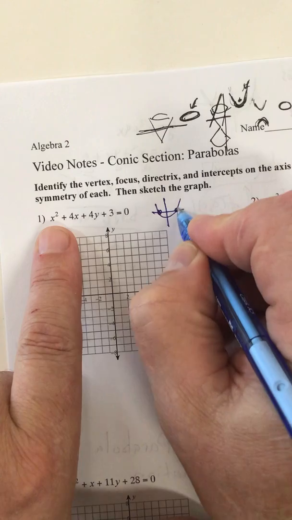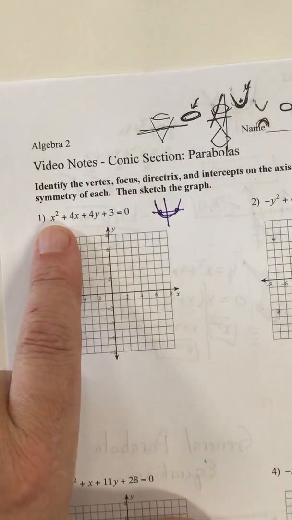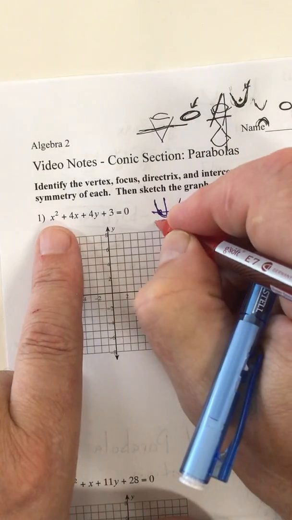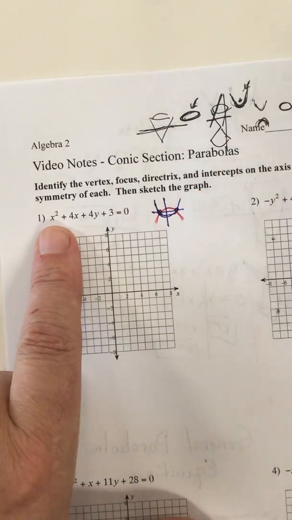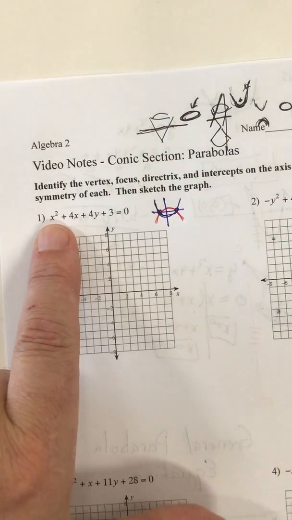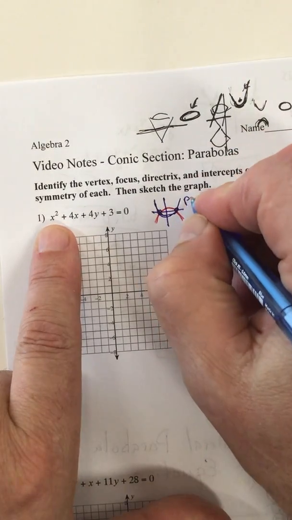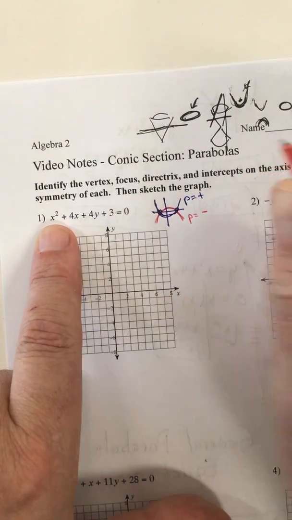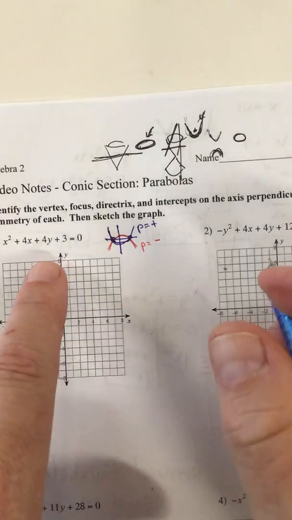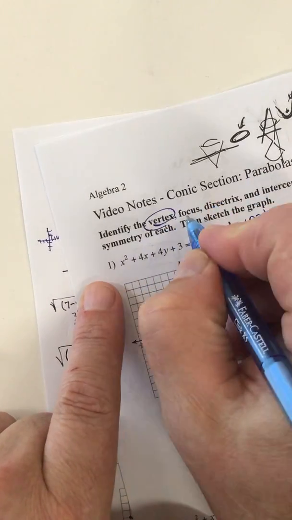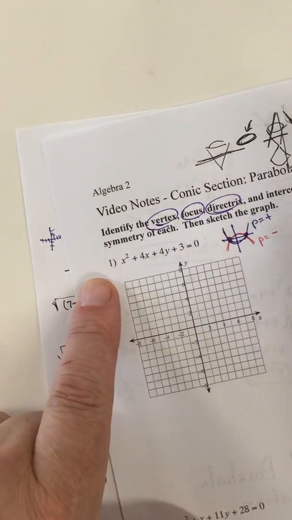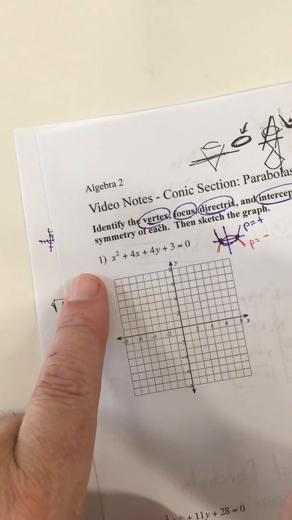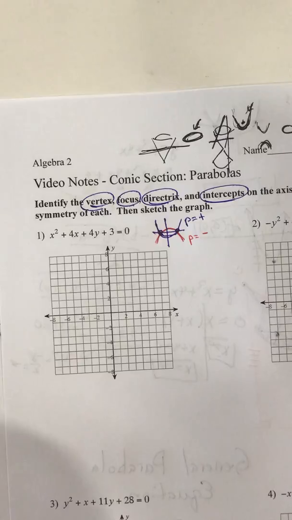It's either going to be pointing up like this, or it's going to be pointing down like this, depending on whether P is positive or negative. If P is positive, it's going to look like the blue one. If P is negative, it's going to look like the red one. They want us to find the vertex, the focus, the directrix, and the x-intercepts, or the intercepts if they're on the x or the y axis, basically the zeros.